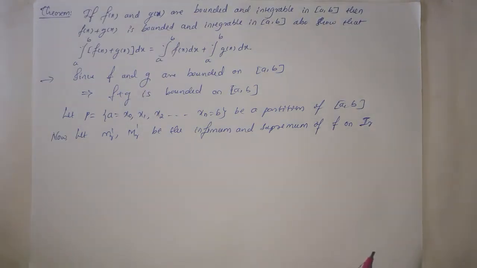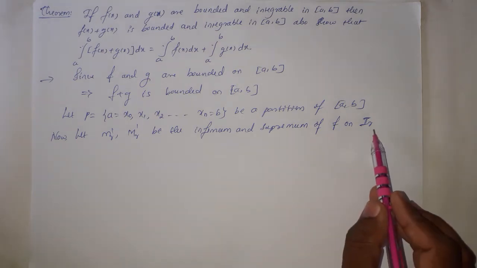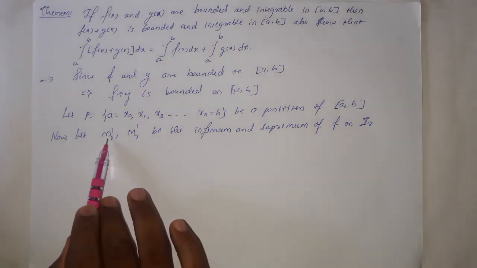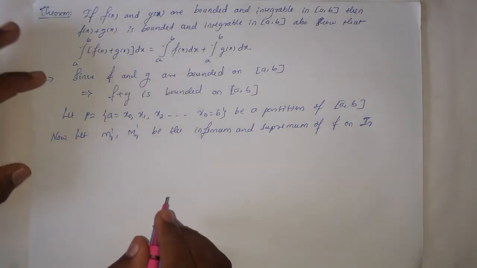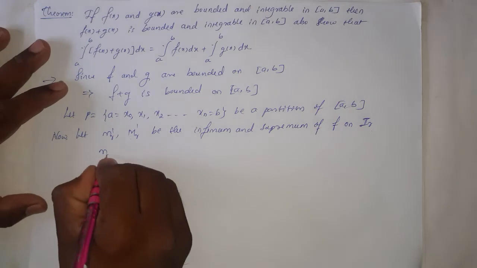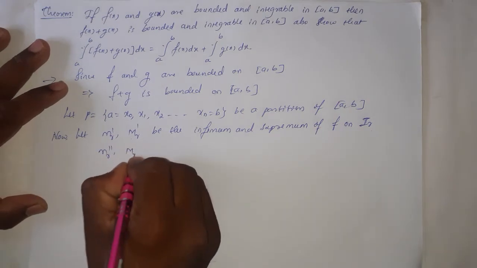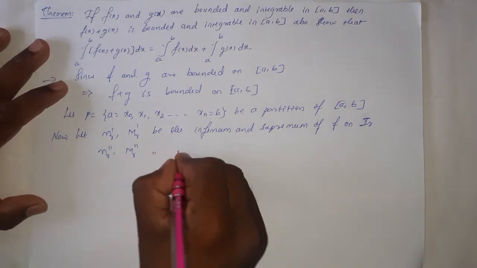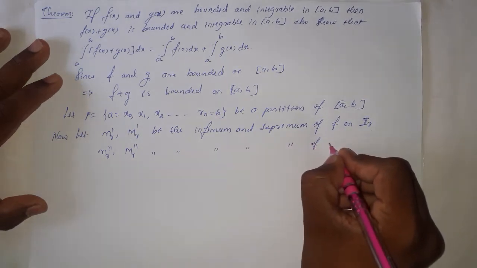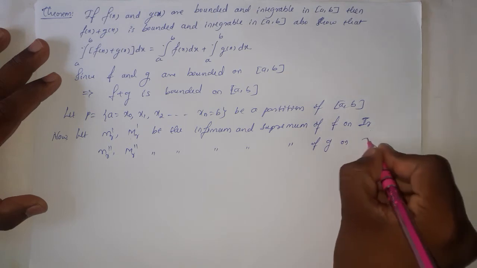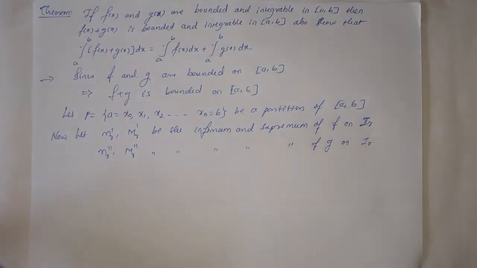Now, let us consider the infimum and supremum of the function f on the rth subinterval as small mr dash, capital Mr dash, and small mr double dash and capital Mr double dash be the infimum and supremum of the function g on the rth subinterval.